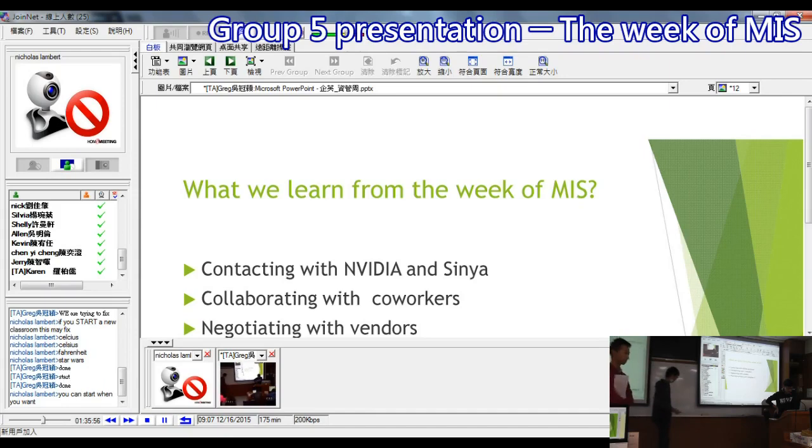And the second is collaborating with co-workers. Each stand in NS Week has 2 to 3 leaders. In NS Week, all stands should collaborate with others to make the activities go much clearer, and let NS Week become a significant annual activity.